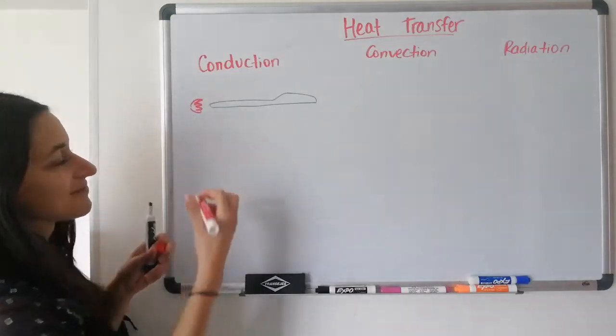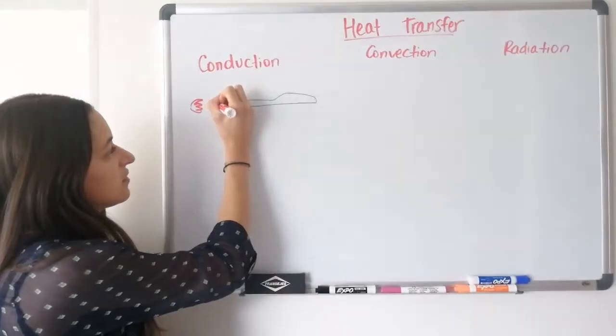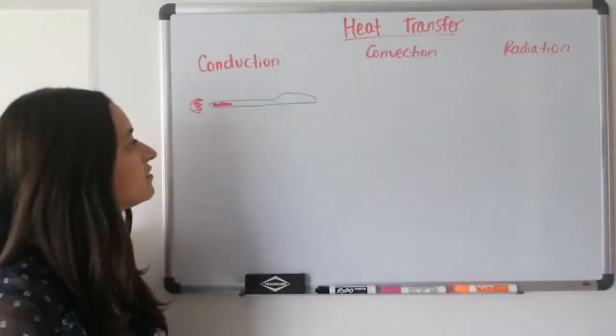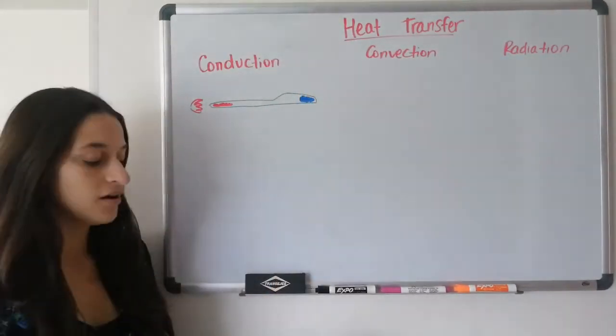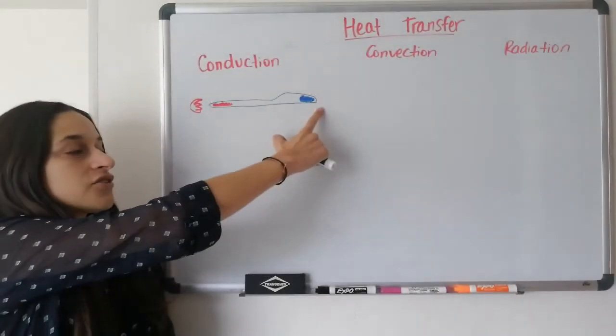Let's say this is fire. And you heat it up and it's hotter here and it's colder in the other end because the heat hasn't reached it yet.